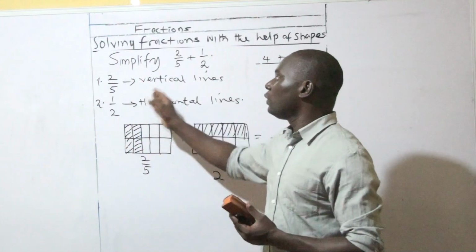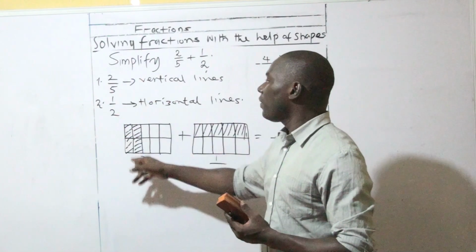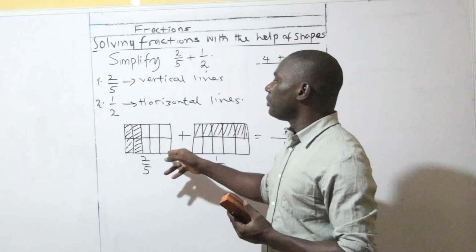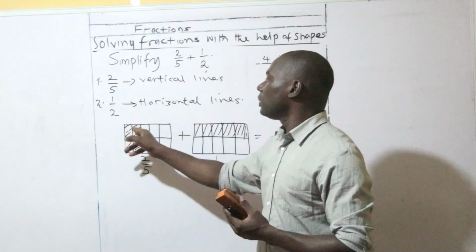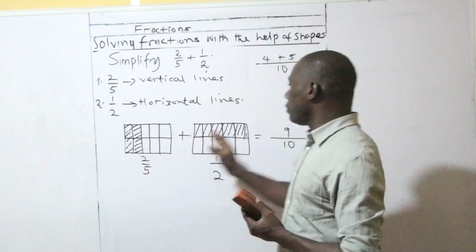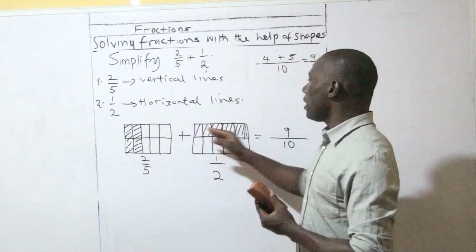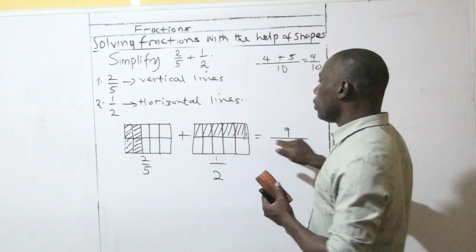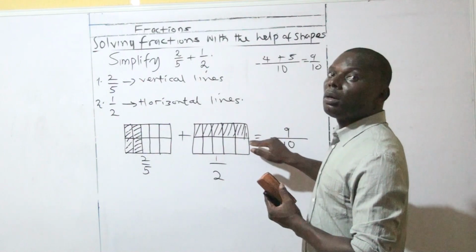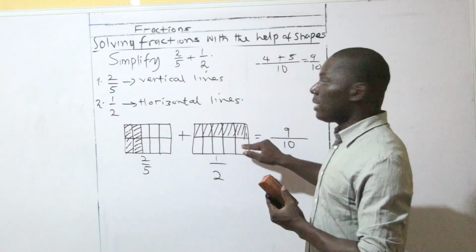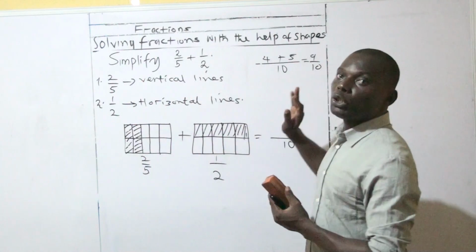The first one is 2/5. You cut this one into 5 parts. Then you shade two parts of it. You come to this, say this is horizontal, you draw it and cut it into two equal parts, then you shade the one portion.